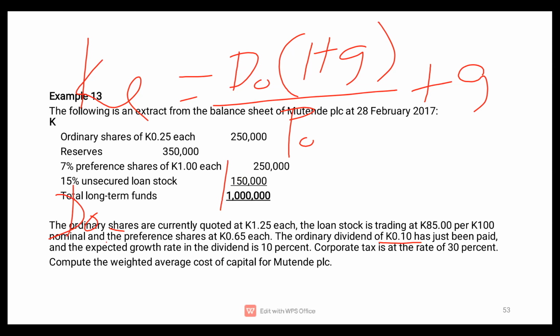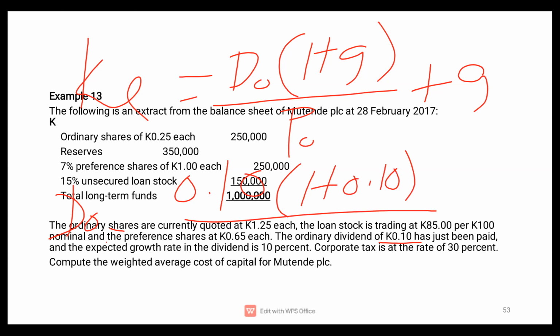So you have 0.10, that is D0, times 1 plus the growth rate, which is 10%, divided by the quoted price of the share, not the market value.